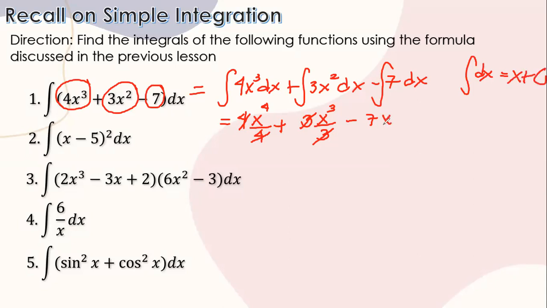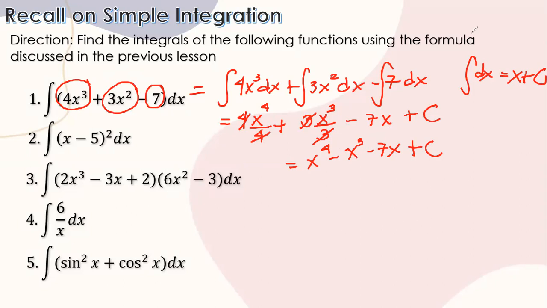So 7x. For our final answer, there is always a plus c. So x to the 4th plus x cubed minus 7x plus c. For checking, you can get the derivative of your answer. Your result should return to the given function.